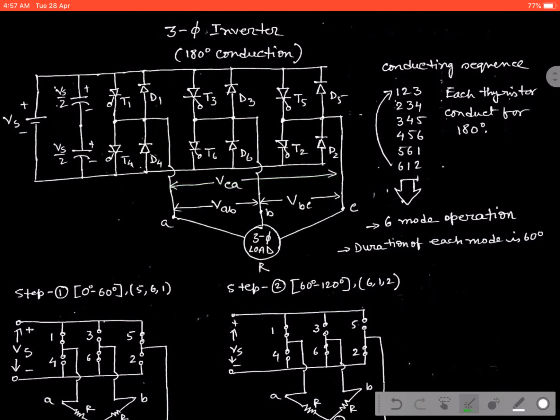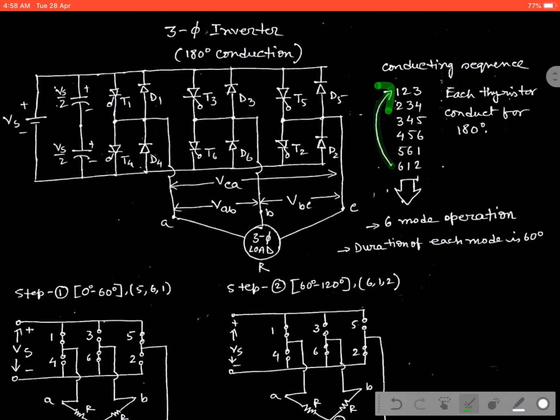And the respective switching pulses are given over here. This symmetrical switching pulse has to be maintained, in which first we apply the triggering pulse across T1, T2, T3, then T2, T3, T4, then T3, T4, T5, T4, T5, T6, T5, T6, T1, and then T6, T1, T2, and the cycle is repeated in this way.